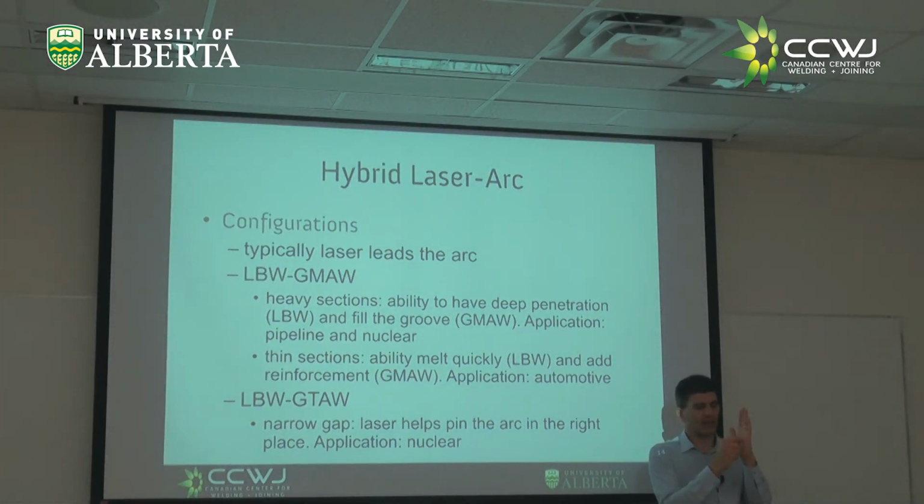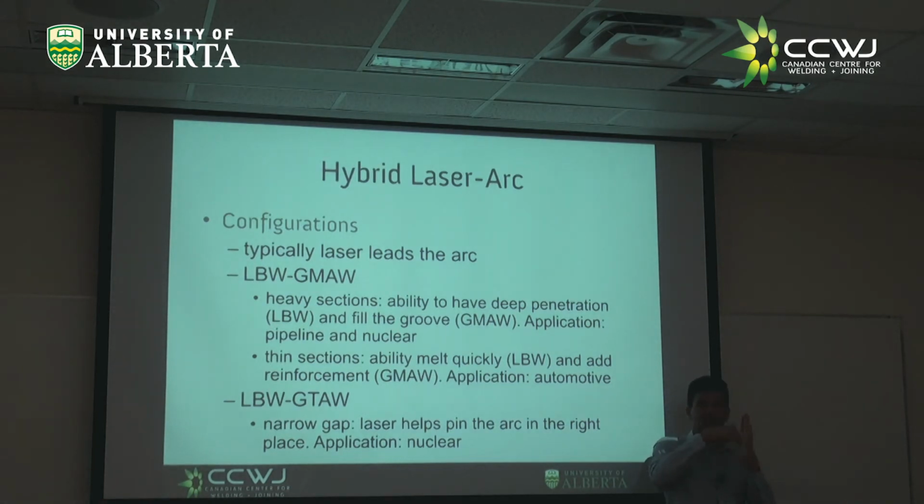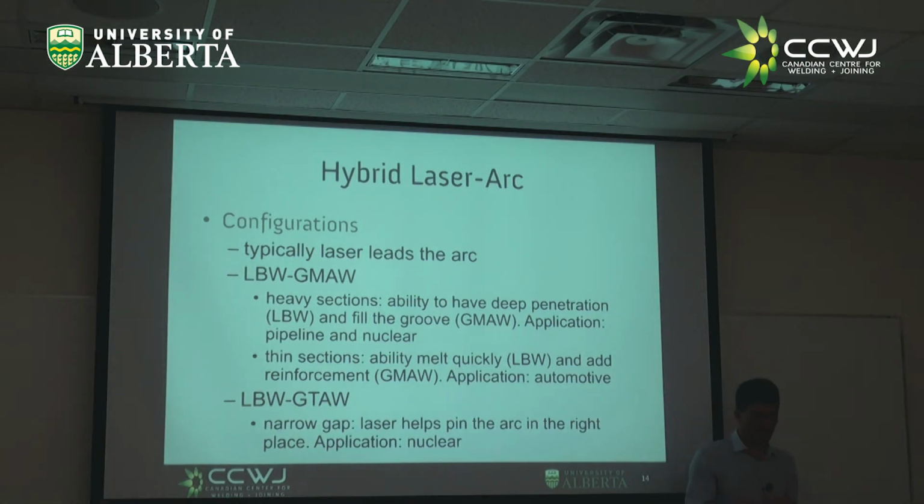And when the arc goes to one side, the other side will have lack of fusion. So with lasers, you can pin the arc right in the middle, so it will not go to one side or the other side. Why the laser pins the arc down, it's a mystery. But it's one of those applications for narrow gap in nuclear.